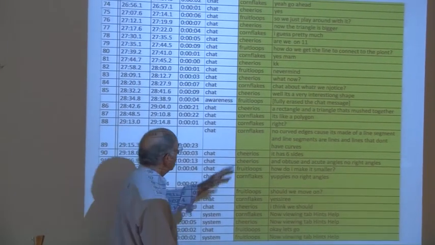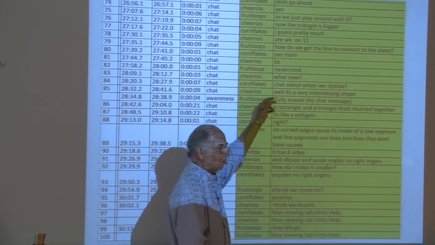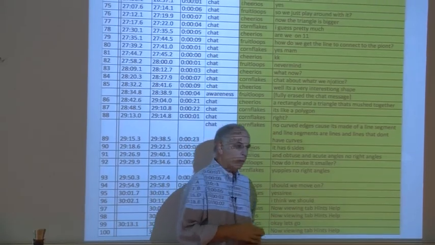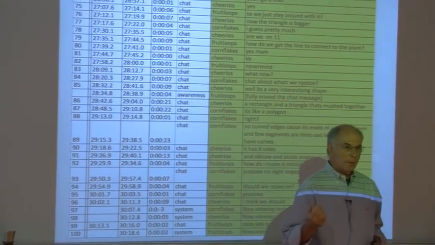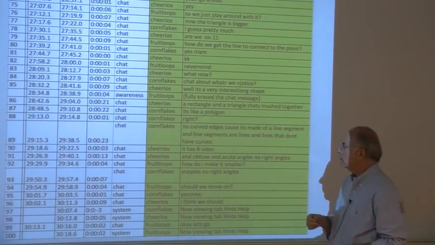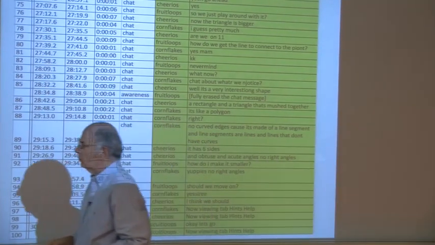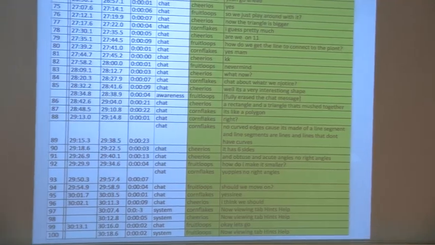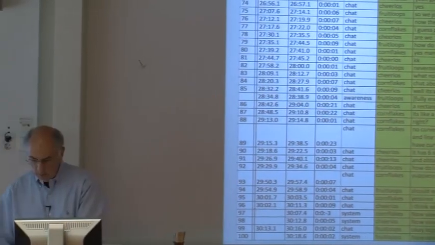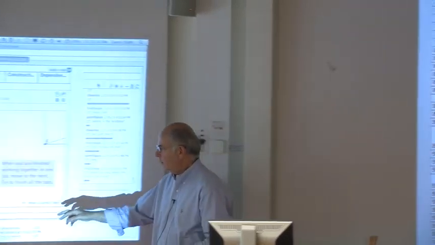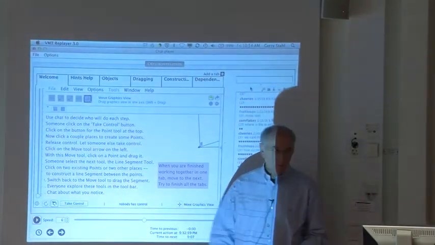So here, chat about what we noticed. So now they're at the last point, which is a prompt to reflect on the geometry that they've created. So it said, chat about what you notice.